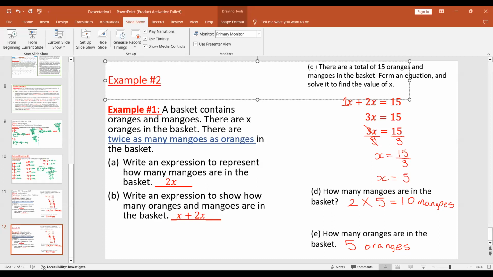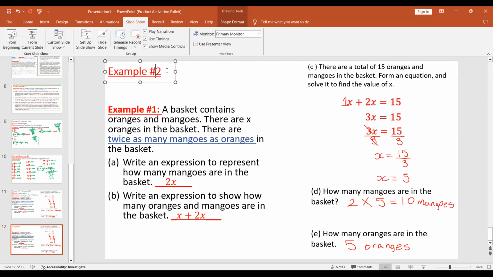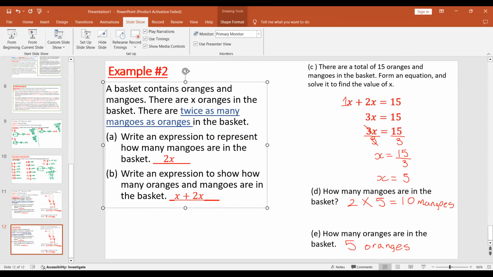So for example number 2, what fruit should we use? Instead of mangoes and oranges, which fruit should we use? The basket has what? Strawberry? We need round fruits, not the small ones.